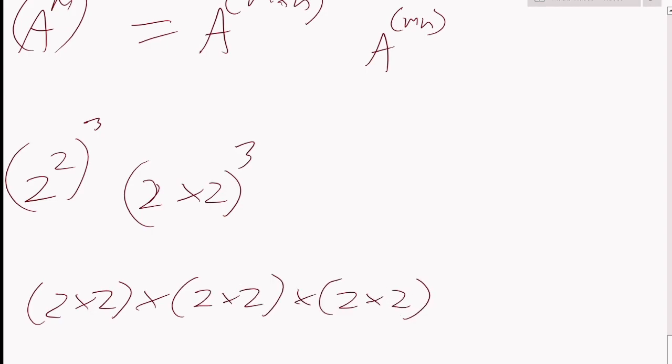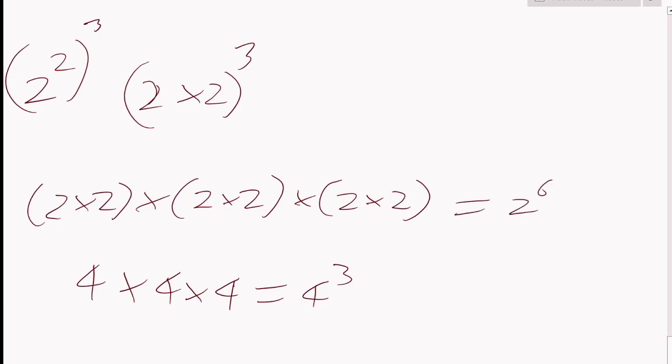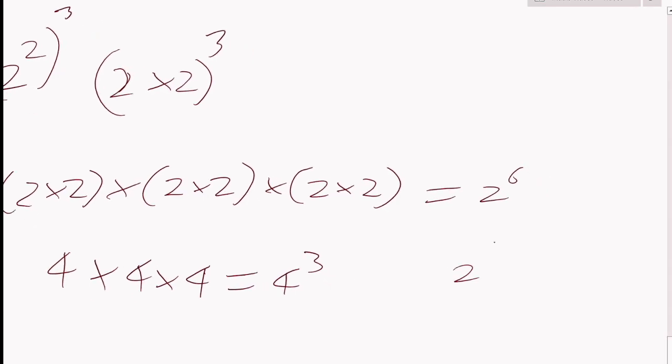And that gets us 4 times 4 times 4, which is 4 cubed, as you'd expect. But equally, because everything's being multiplied here, you can see we're just multiplying by 2 by itself 6 times. So that is 2 to the 6th. And as we know, 2 to the 6th is 2 to the 2 times 3, because 2 times 3 is 6.